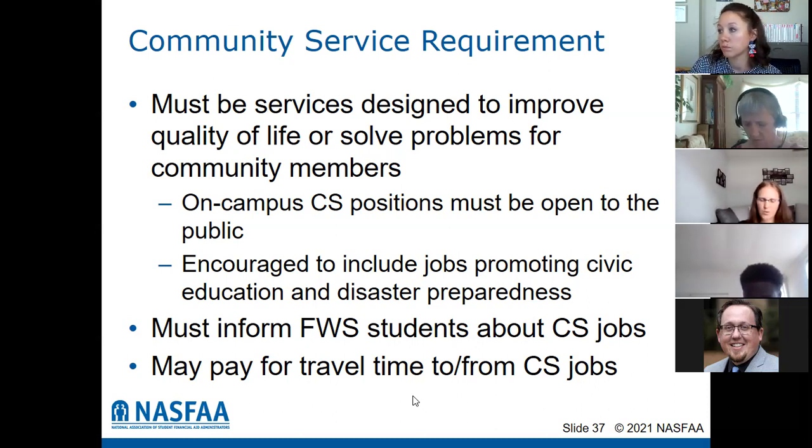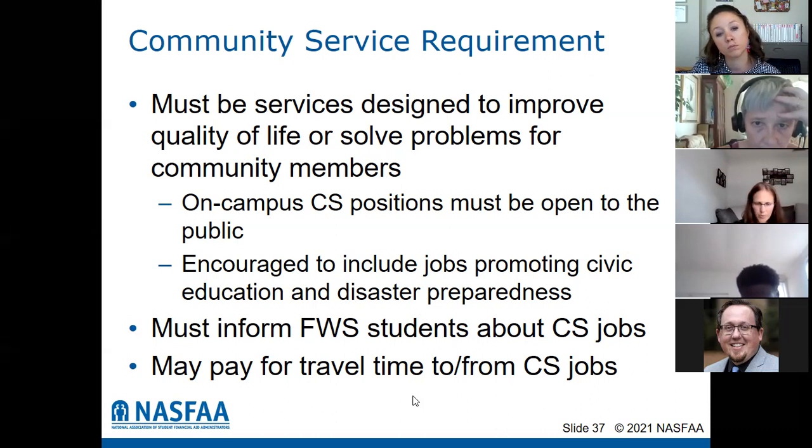A school is also required to inform all eligible students of the opportunity to perform community service. So that's also important. There is more information about federal work study community service jobs in the FSA handbook, volume 6, chapter 2.